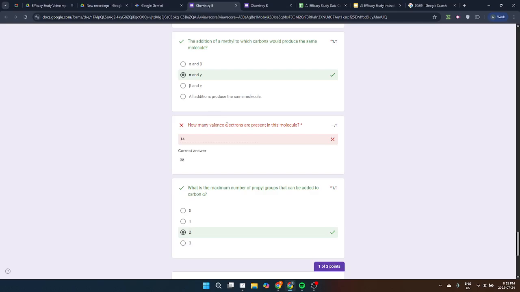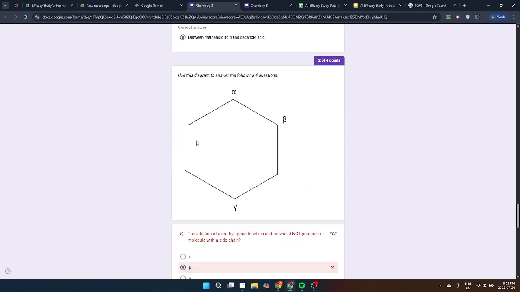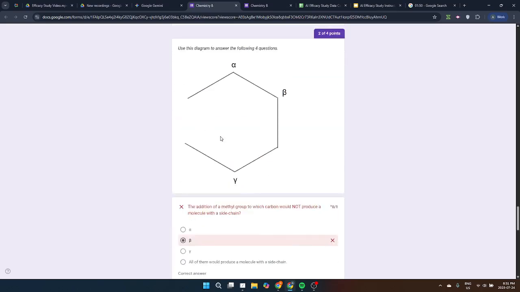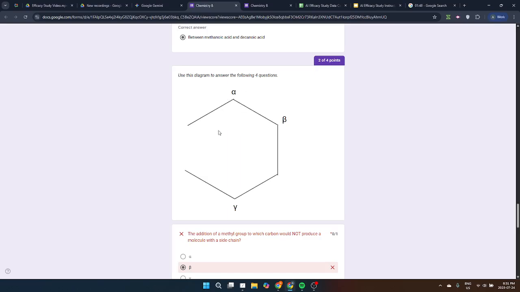I was a bit cloudy on that concept, and so I put 14 because I counted 1, 2, 3 spaces on the carbon twice, so 3 times 2 is 6, and then 2 spaces on the carbon for 1, 2, 3, 4 carbons, so 6 plus 2 times 4 is 14, and that gives all the valence electrons just for the hydrogen groups that are on this molecule, instead of just the hydrogen groups, right?